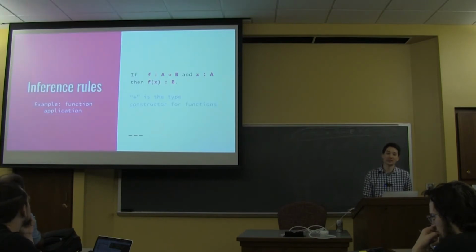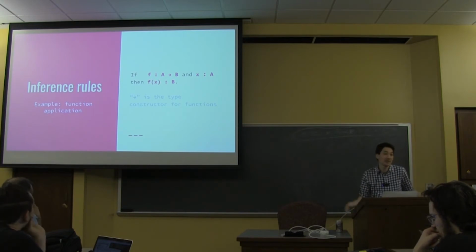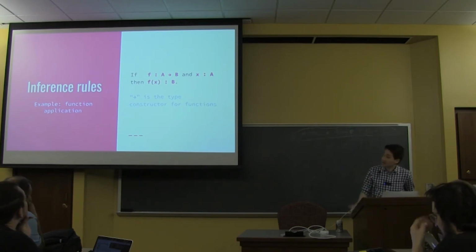Here's an example of such a typing rule, as we call it. If f is a program that has type A arrow B, that means f is a function, right? It takes an input of type A and returns an output of type B. And if we know that x has type A, well, that's convenient because that's exactly what f is hungry for.